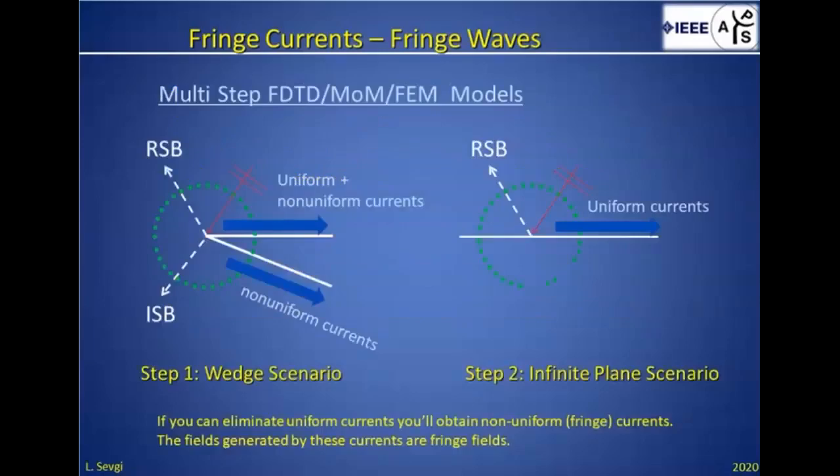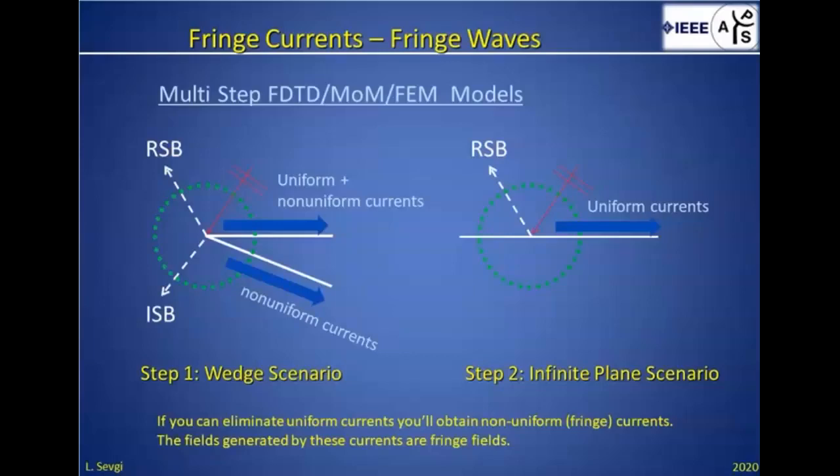Okay. Again, the multi-step approach to obtain fringe currents and fringe waves is given on this slide. So in the first scenario, we use the wedge, and for single-side illumination, we have uniform plus non-uniform currents on the top face, but only non-uniform currents on the bottom face of the wedge.